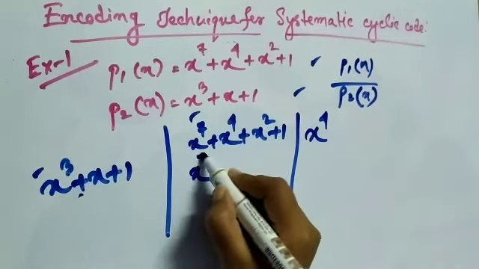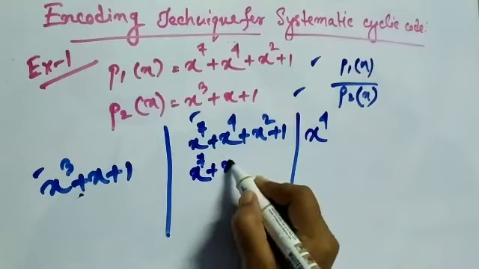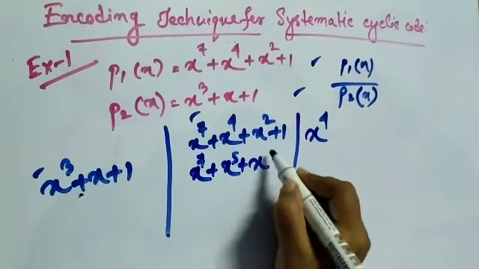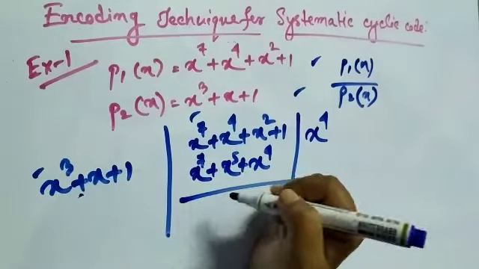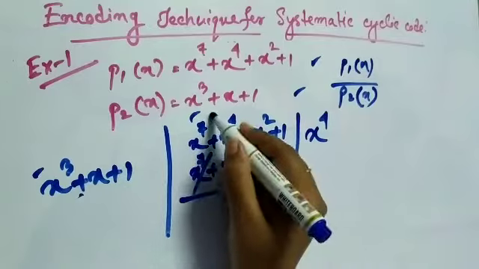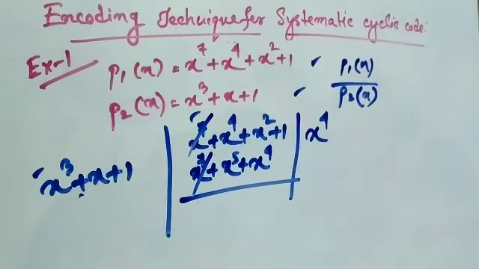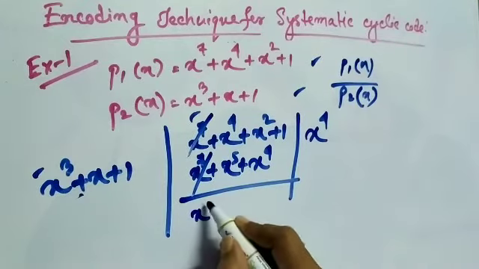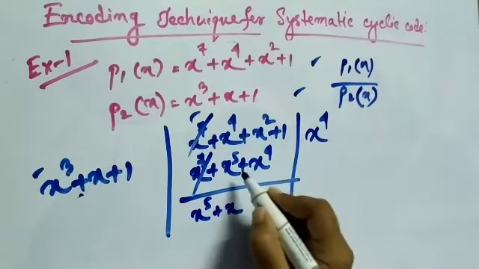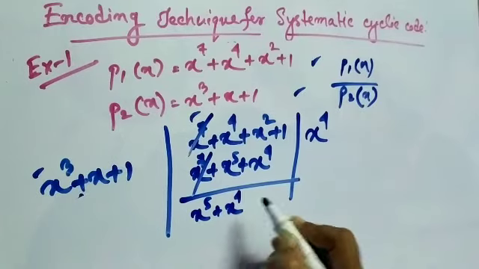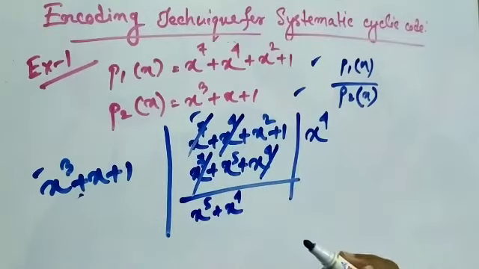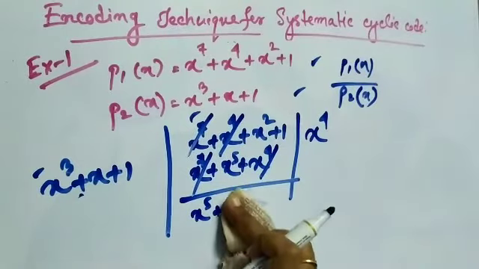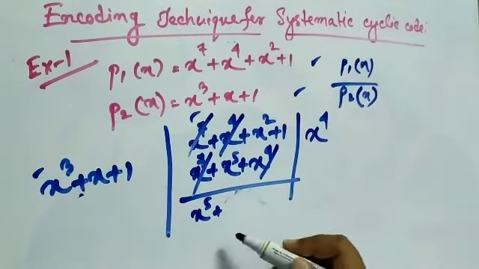So it gives x to the power 7 plus x to the power 5 plus x to the power 4. Now, as these two terms are equal, I can cancel them. What is left is x to the power 5, and x to the power 4 is also cancelled here. So the remaining part of these two polynomials is x square plus 1.